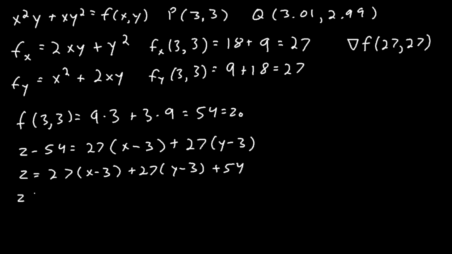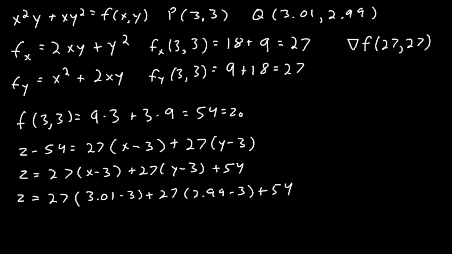So if we plug in our values of q to get our approximation, we get 27 times 3.01 minus 3 plus 27 times 2.99 minus 3 plus 54, which is our final answer. And this is a constant, so technically your answer is right.